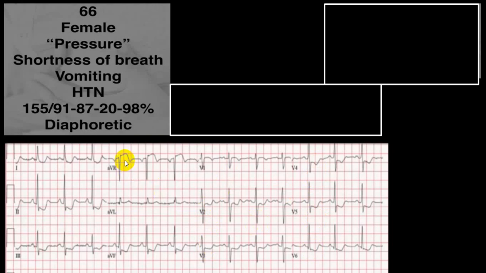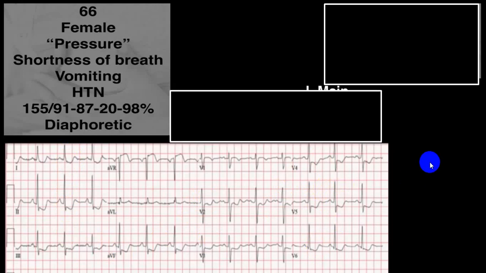But if you look in aVR, there is an ST elevation with T wave inversion, and also there is a slight R wave with ST segment elevation with T wave inversion in V1. Now whenever you get ST elevation in aVR and V1, and if the ST elevation in aVR is taller than V1 with ST depression in multiple leads, if you count 1, 2, 3, 4, 5, 6, 7, 8 and 9, out of 10 leads it is in 9.